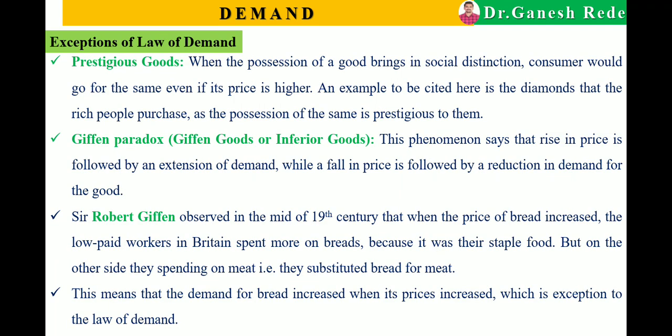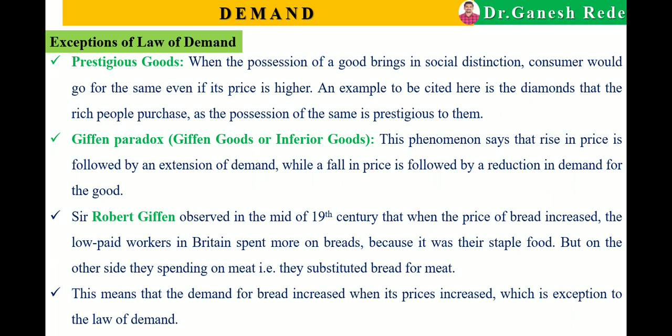Now, exceptions of the law of demand. We cannot consider that the law of demand will be applicable for each and every commodity. So for the law of demand also there are some exceptions. Exceptions mean the law of demand is not applicable for some goods.